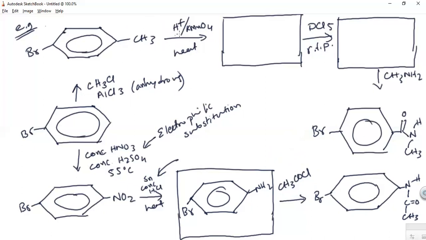After that, when we add H plus and KMnO4 with heat, what is happening here is hydrolysis. Sorry, not hydrolysis, oxidation. Remember oxidation of the side chains? We learned it most probably in the second or third video.